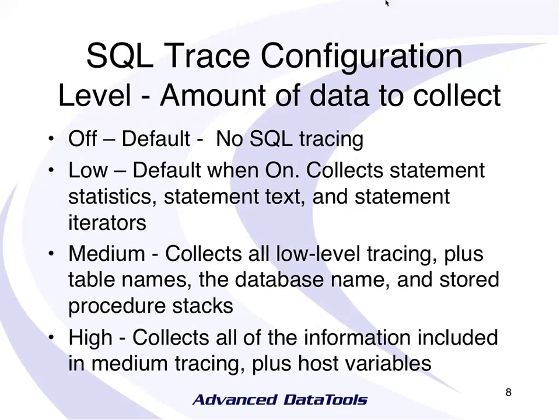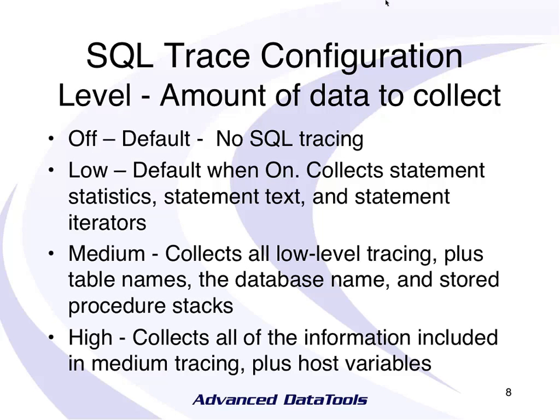Now, there are 3 levels of trace, low, medium, and high. And low is the default when you turn it on, and this collects a lot of data. It has stats about the SQL statement, the SQL statement itself, quite a bit of data, and in most cases it collects about everything you need.